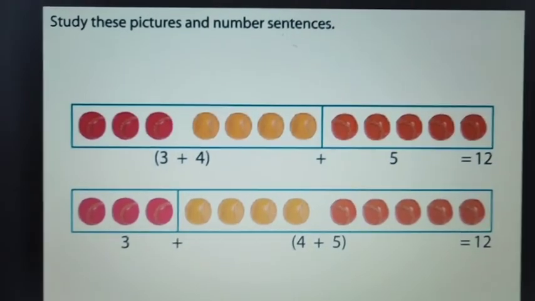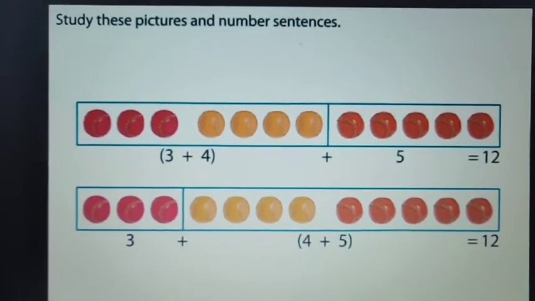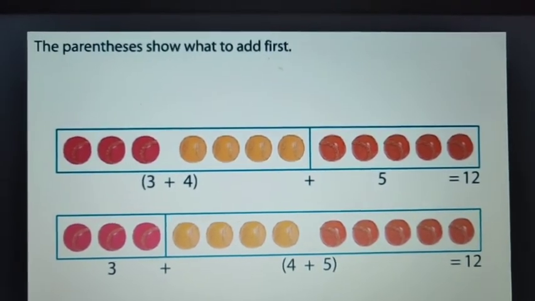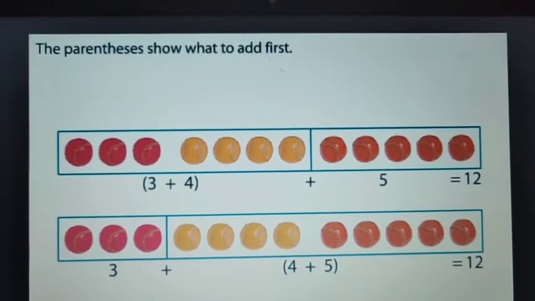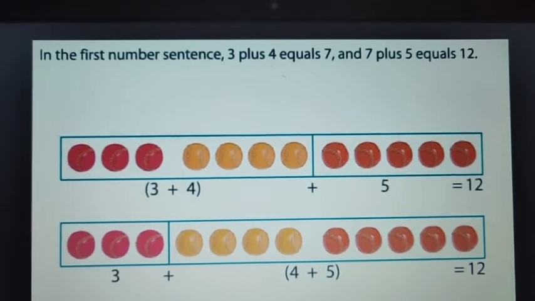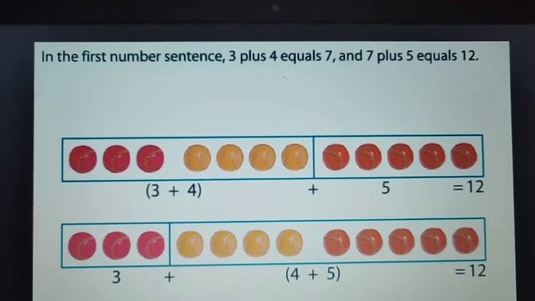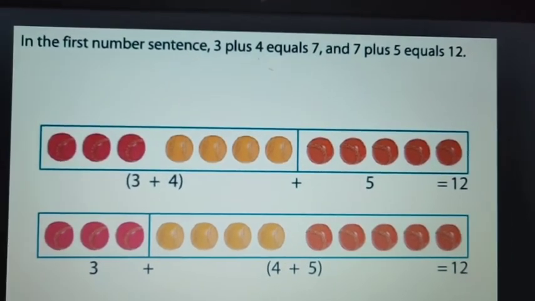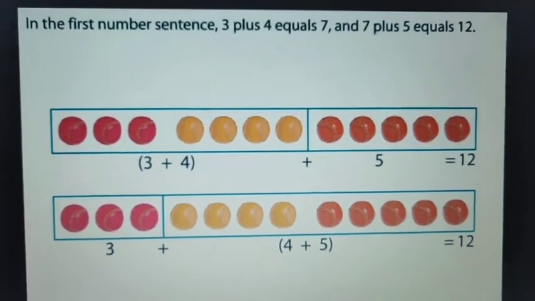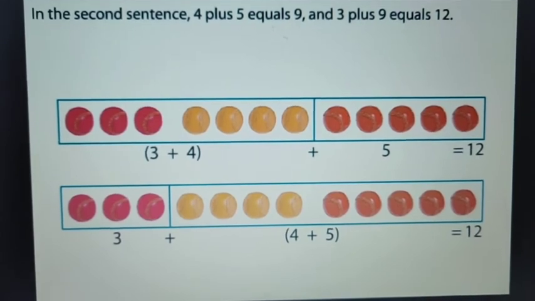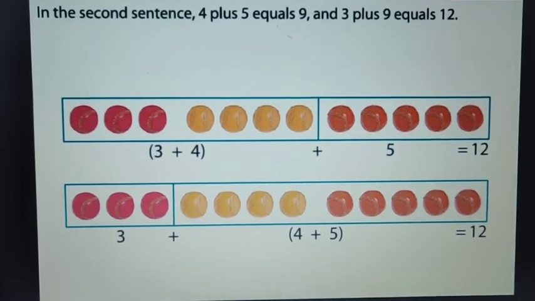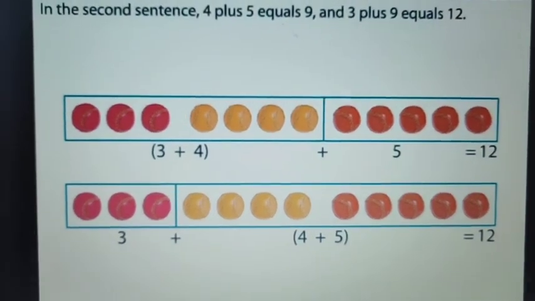Study these pictures and number sentences. The parentheses show what to add first. In the first number sentence, 3 plus 4 equals 7, and 7 plus 5 equals 12. In the second sentence, 4 plus 5 equals 9, and 3 plus 9 equals 12.